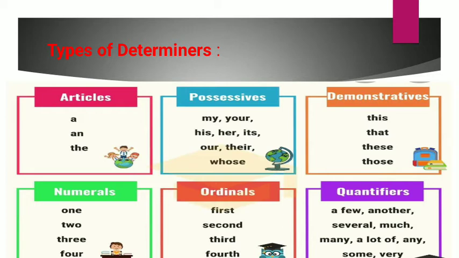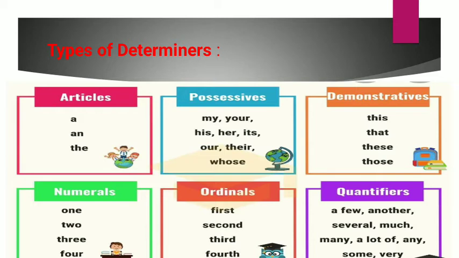Now, demonstratives: this is my book, that is my book, these are my books, those books belong to me. When we use such words, these are known as demonstratives, that means we are demonstrating.